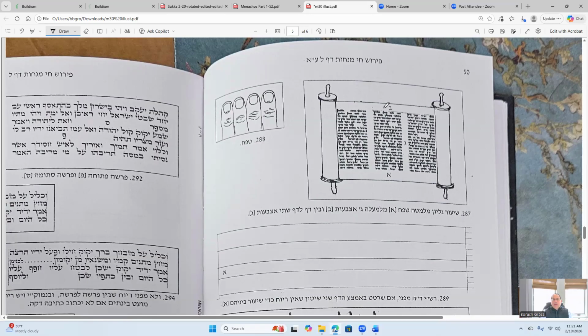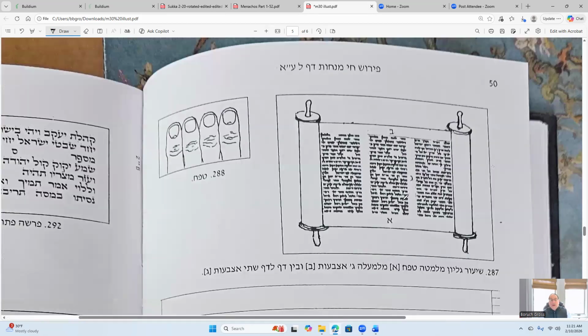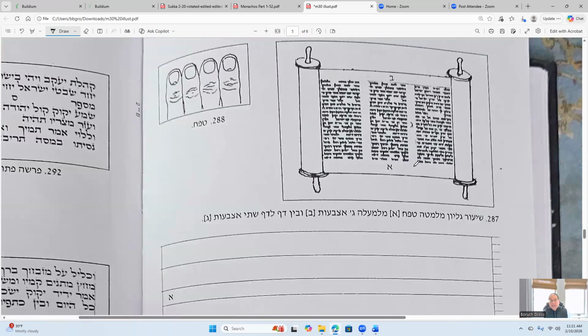From the top, you have 3 fingers, right over here on the top, and then there's something in between. Between the 2 pages is 2 fingers. That's what the Braisa is going to say.